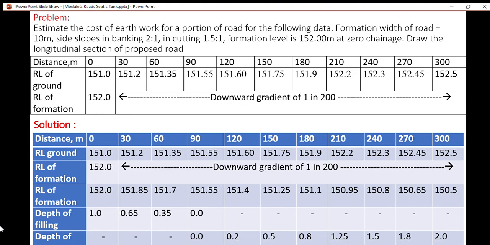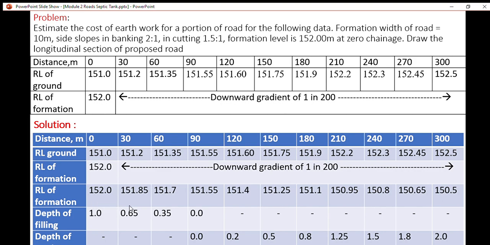If the formation level is below the existing ground level, then the work is cutting. Thus, you can notice that at zero chainage, RL of ground is smaller than RL of formation. The difference is 1 meter and it is filling.